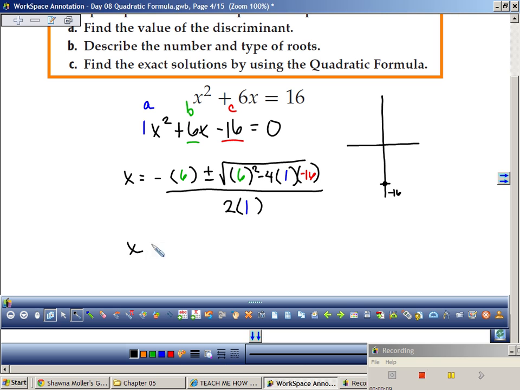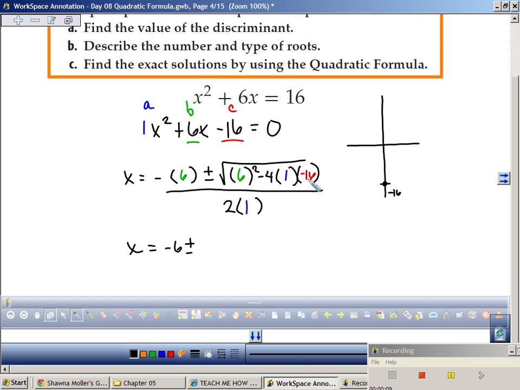So I have x equals -6 plus or minus the square root of 6 squared, which is 36, minus 4 times 1 times -16, which is +64. So what's 64 and 36? 64 and 36, right? 36, -4 times -16 is +64.